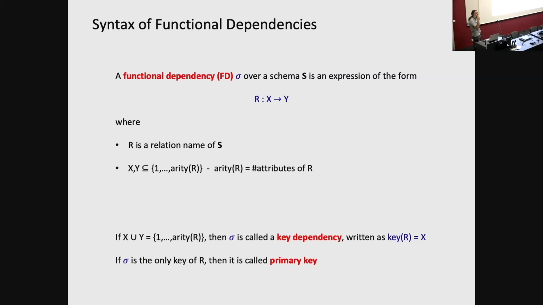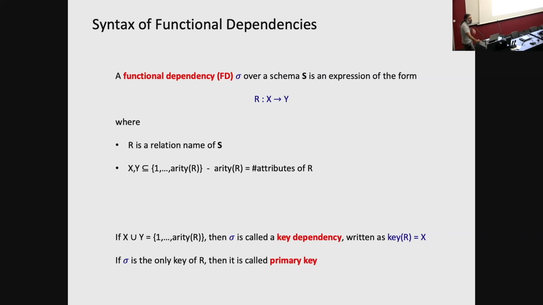Don't you also have to say that the key is minimal? Otherwise, if you take X to be the intersection, or Y to be the intersection... Can you repeat? For a key, don't you have to say X is minimal? What do you mean by minimal? For instance, if both X and Y are equal to the whole set, it's a valid key.